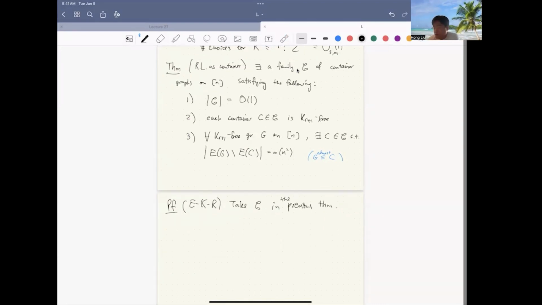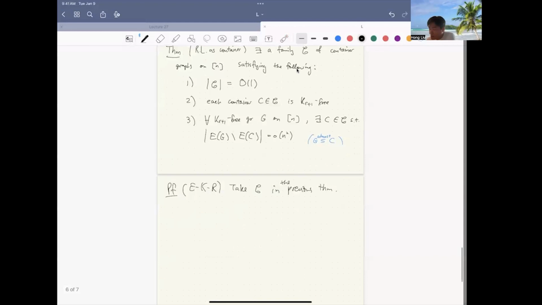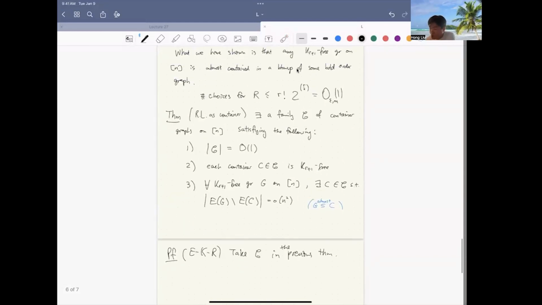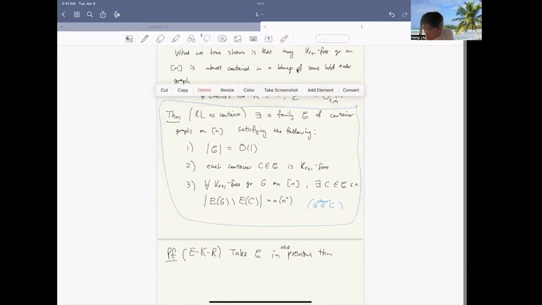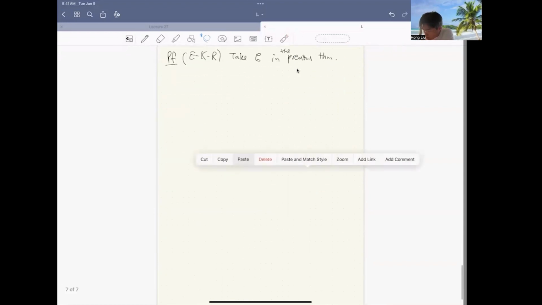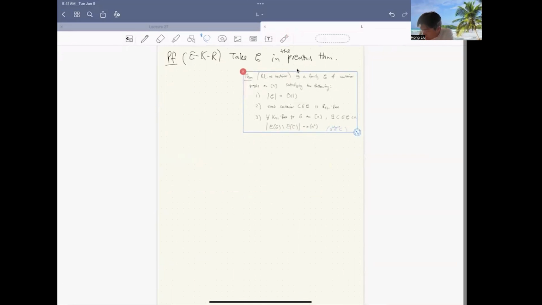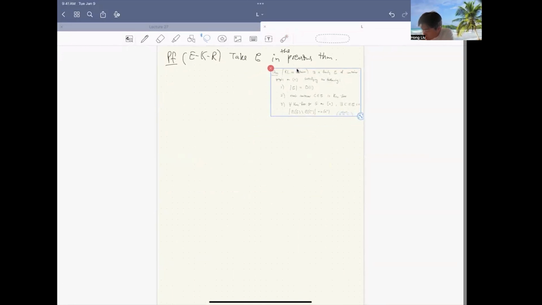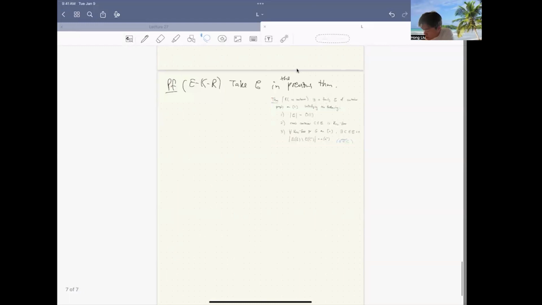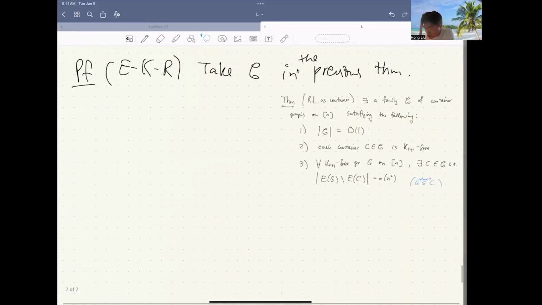Okay, take this family of containers. I have to keep referring to this. Good.